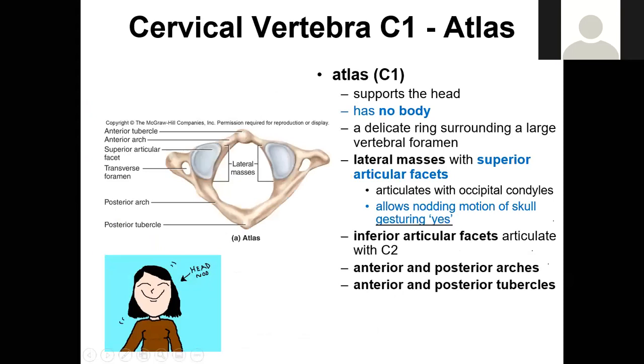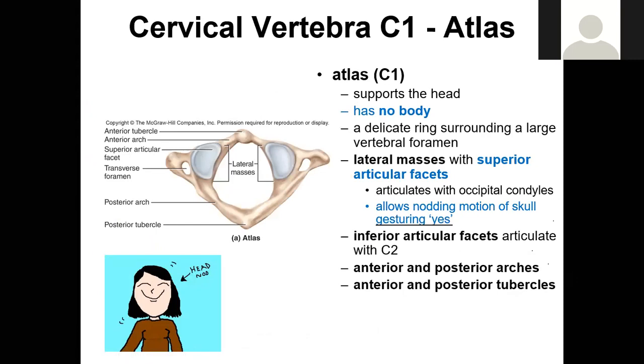Continuing with the vertebra. Again, we spoke about C1 yesterday, which is the atlas. This is the bone that supports the head. This one has no body. The important thing again is that atlas holds up the head, and it's the bone that allows us to basically move our head in the gesture of yes.